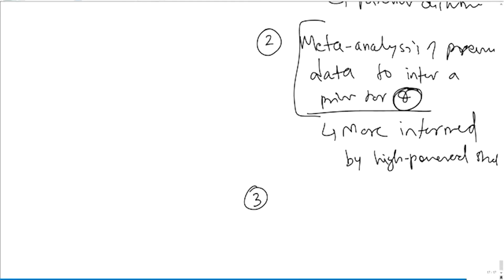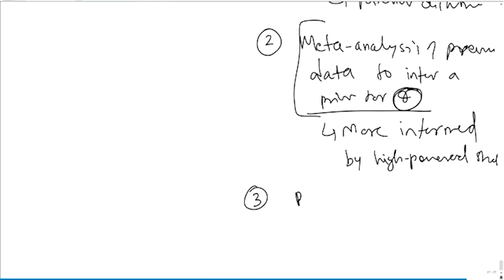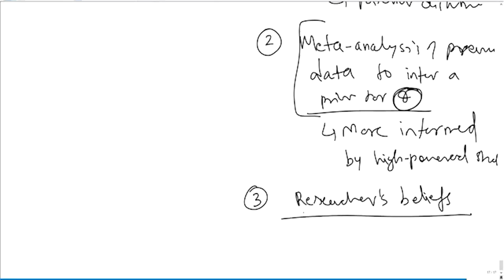But now let's say we are in a situation where you do not have a lot of information about the parameter from previous studies, but there are researchers in the field who have done similar tasks, and they have some beliefs based on their theory or based on some empirical data. They have certain beliefs, right? So let's say different researchers in the field believe something about the true value of the parameter. Okay, so you can call this specifying priors based on researchers' beliefs.